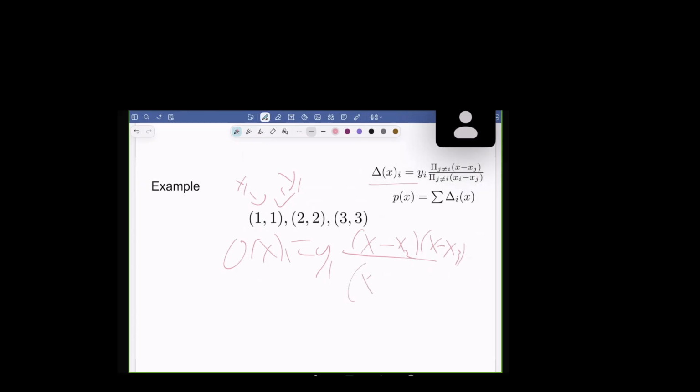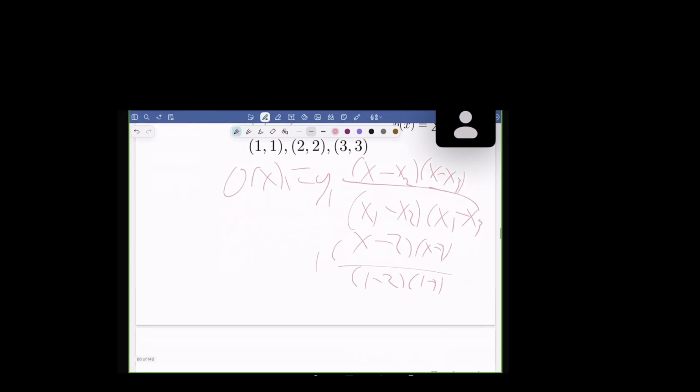On the bottom, we're going to do x1 minus x2 times x1 minus x3. With this in mind, if we plug everything in, we're going to get 1 times x minus 2, x minus 3, over 1 minus 2, 1 minus 3. And you do this for all 3 of your delta x1, delta x2, delta x3.